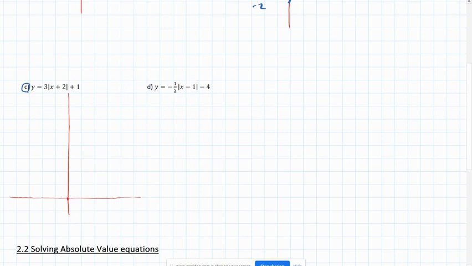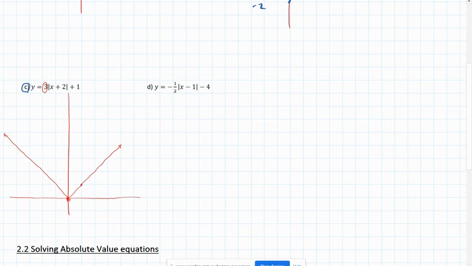So as always, we start with our parent function, with slopes of -1 and +1. The multiplier of 3 causes a vertical stretch of 3. So the point at 0, 0 stays there.